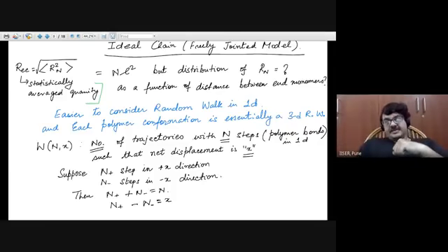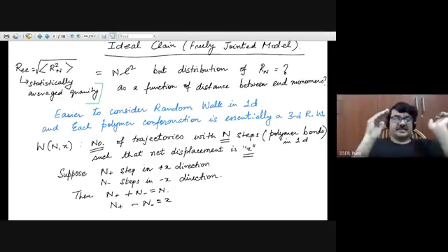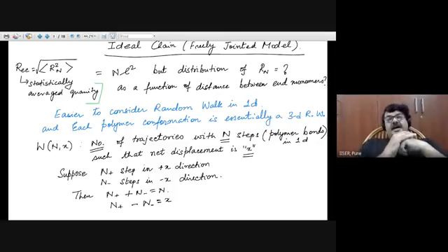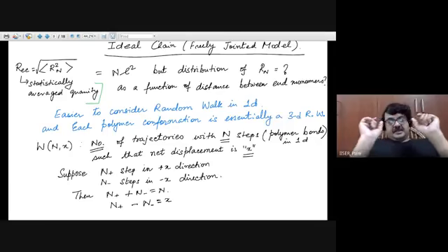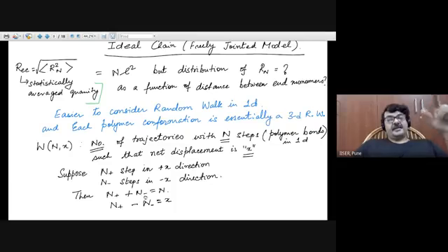So you have n plus steps to the right and n minus steps to the left, and the difference between n plus and n minus will give you the net displacement, which is x. And of course you have total number of steps equal to n, so if you add n minus to n plus, you will get n.